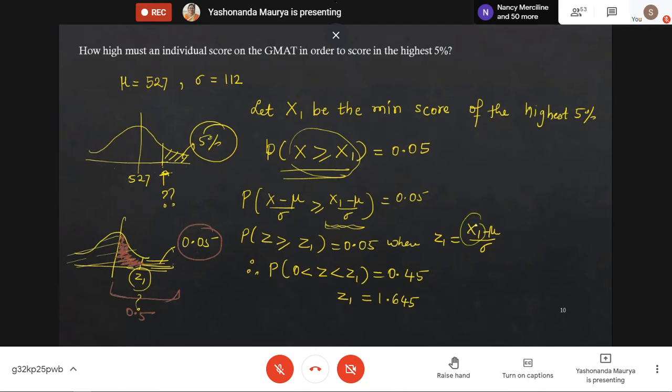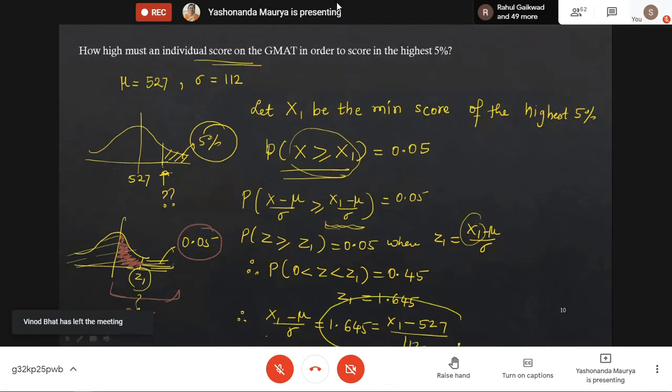What we require is x1. We have to tell the GMAT score. That is the required score which is being denoted by x1. Therefore, x1 minus mu divided by sigma is 1.645. I can put the value of sigma and mu over here and rearrange this expression. So mu is 527 and sigma is 112. So let us solve this part of it.